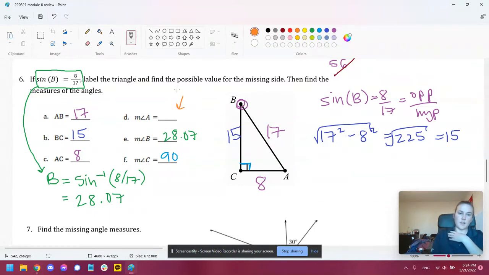And then A is just 90 minus that other angle. So 90 minus 28.07, aka 61.93. Cool. Let's keep going.